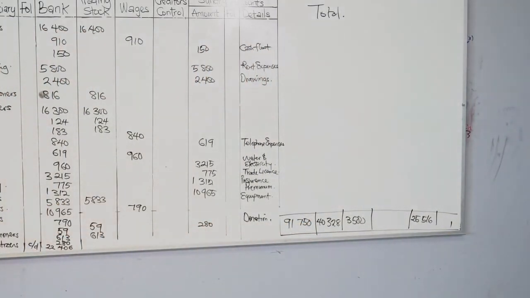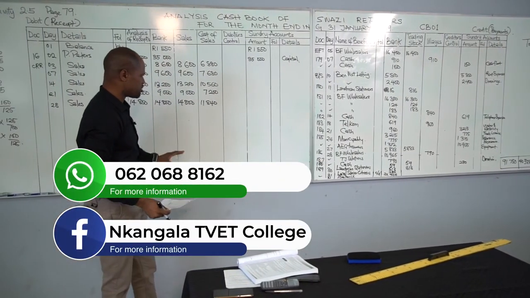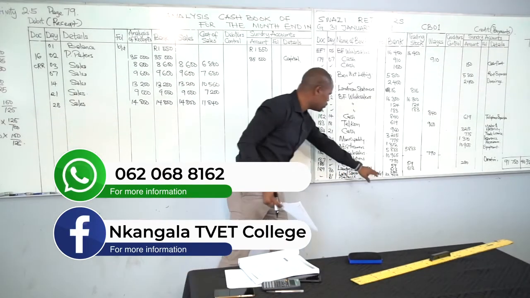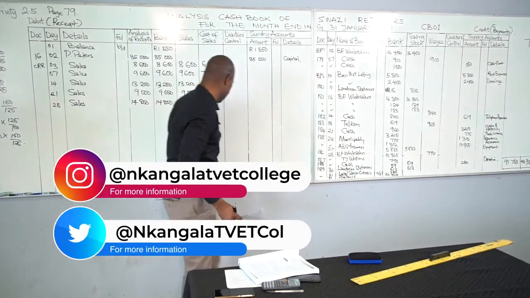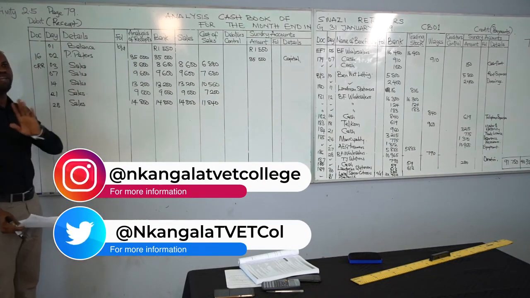From the balance here on analysis of the book of Swazi traders, we discover that we have a debit balance of 22,406. So this 22,406 will be carried down to the next month.